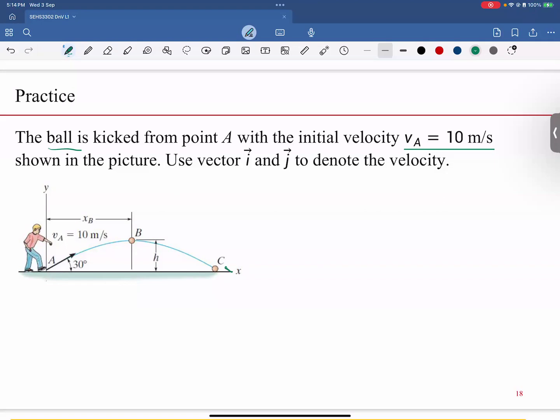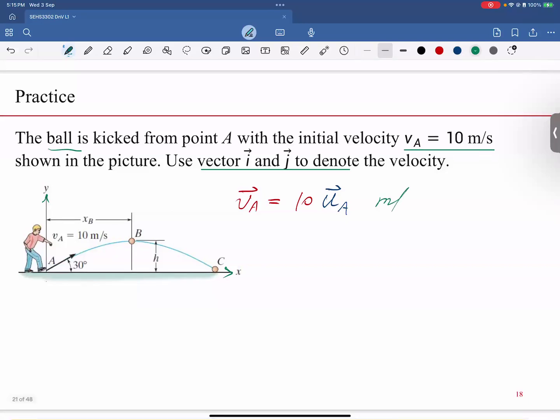Horizontal is X, and the vertical is Y. How do we use i and j to denote such a velocity? In your mind, VA equals magnitude times its unit vector, maybe uA, and then you have a unit, meters per second. So the key point here is to find the unit vector.